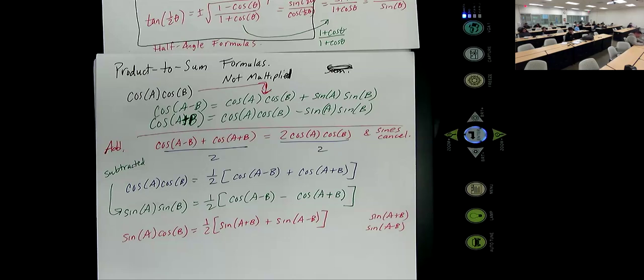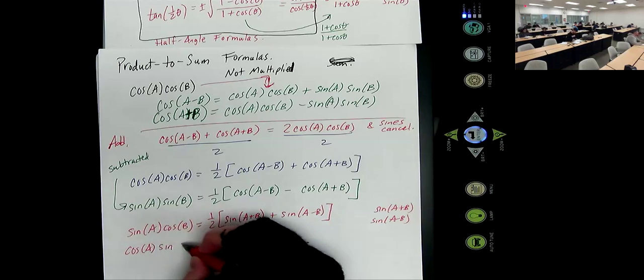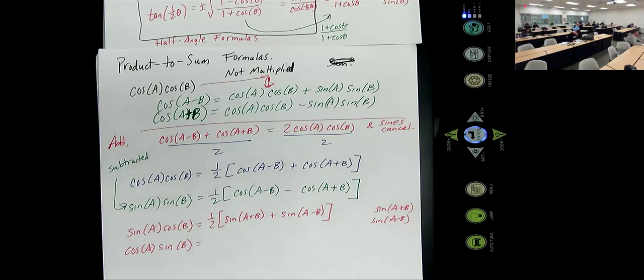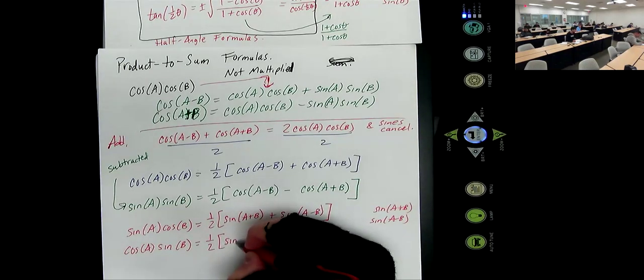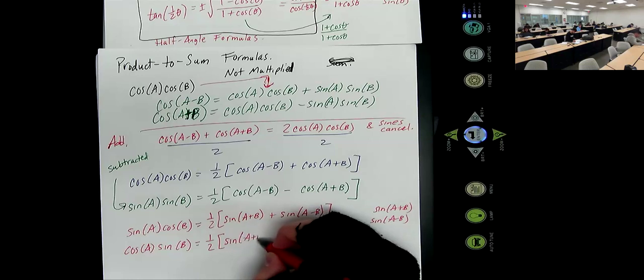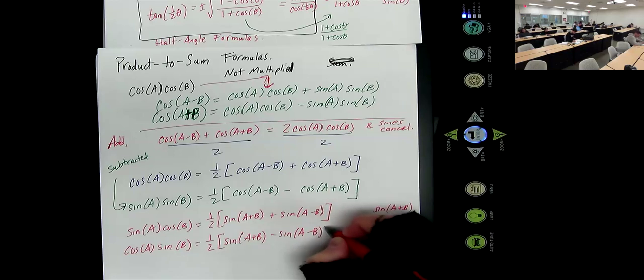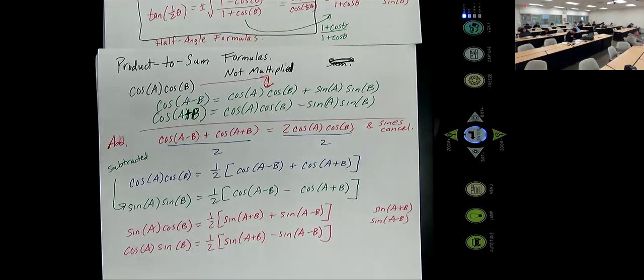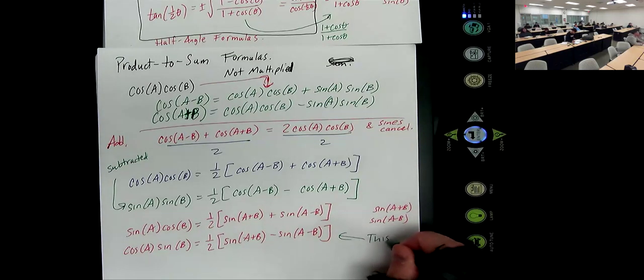And this seems really weird, because they're just swapping the letters. But it changes the formula a little bit. We do cosine A, sine B. It's the same stuff, but you have a minus in between. This one is not helpful at all.